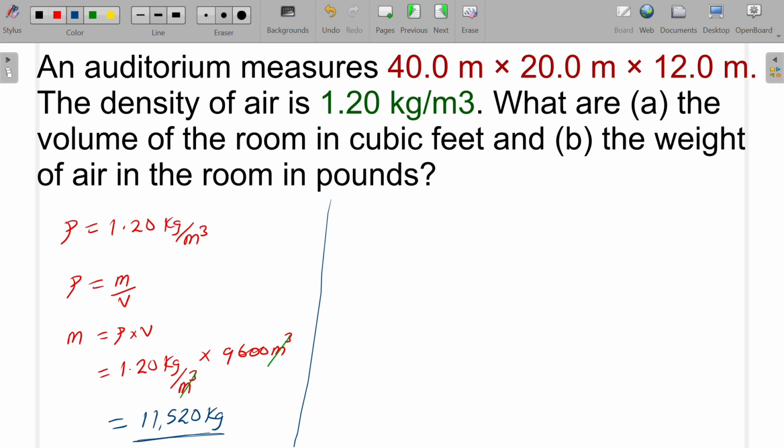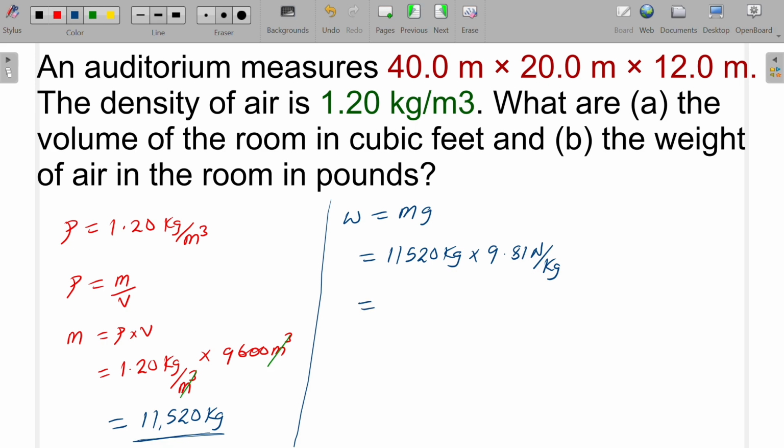The next step is just to find our weight. Our weight is equal to mass multiplied by acceleration due to gravity. So our mass is 11,520 kgs, multiplied by acceleration due to gravity, 9.81 newtons per kg.